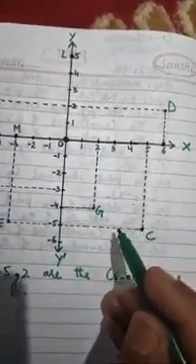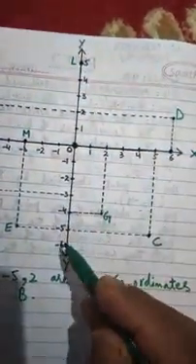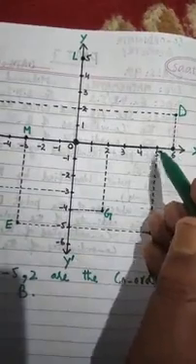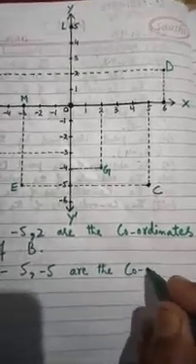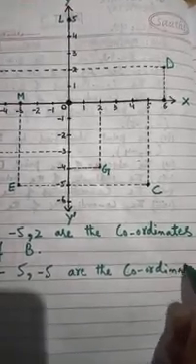So our first value is 5 on the x-axis, and then we have to find out the second value on the y-axis, and it is -5. So 5 comma -5 are the coordinates of C.